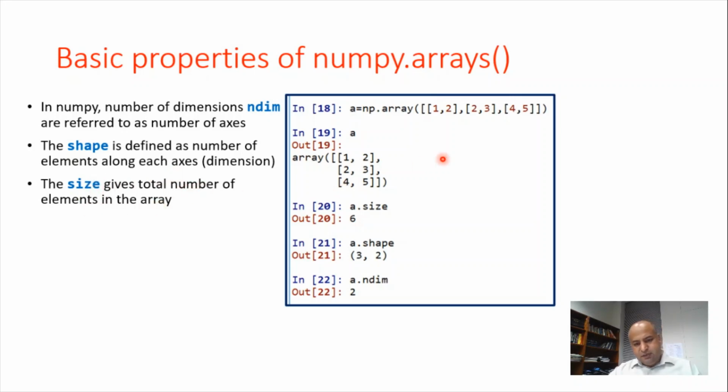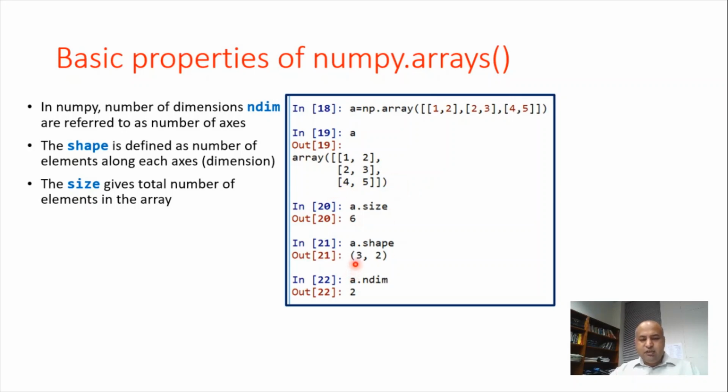We can see this from an example here. If we have this array, it's a matrix with two columns and three rows. Its size is 6 because 6 is the total number of elements. Its shape is 3 by 2 because it has three rows: along the first dimension, it has three elements.